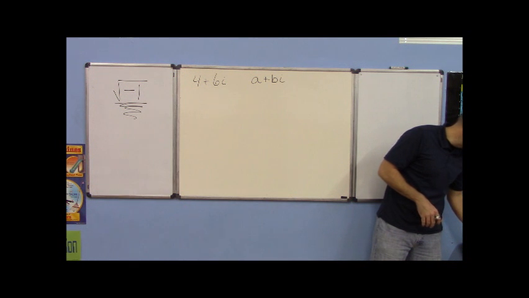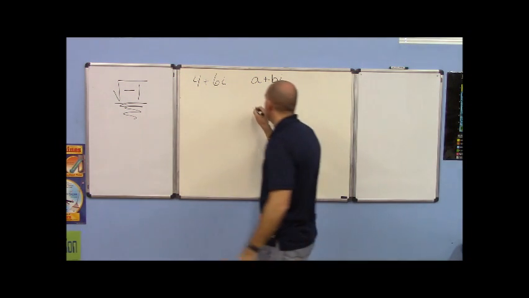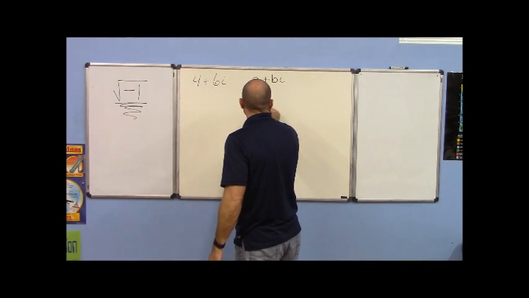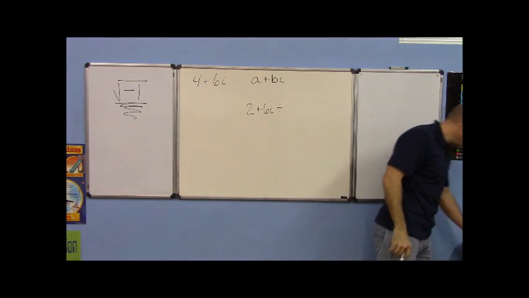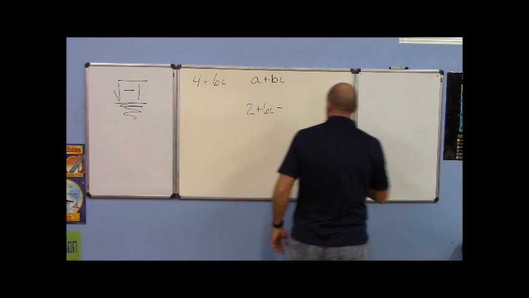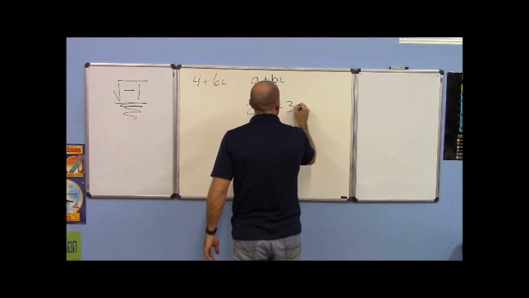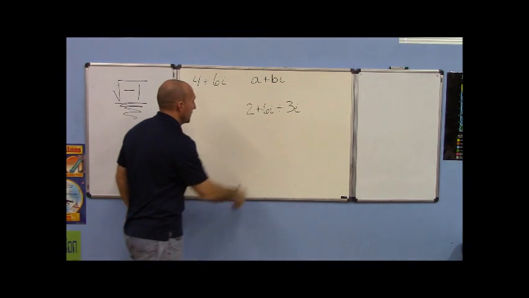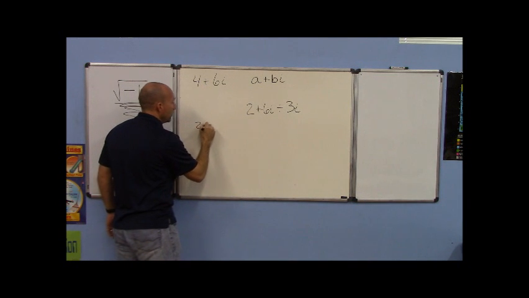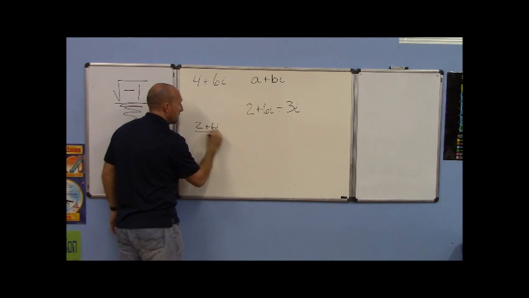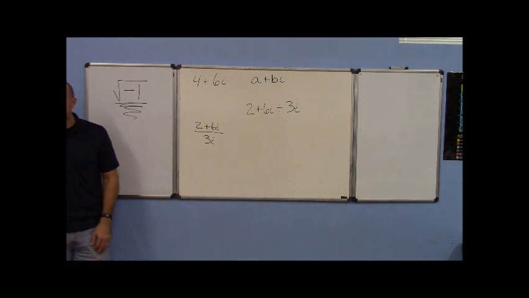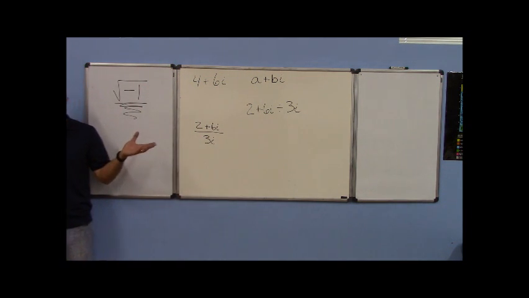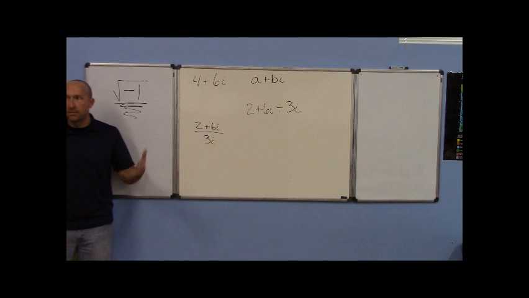So our first one is 2 plus 6i divided by 3i. Now we're going to rename it as 2 plus 6i over 3i. Because remember, in division, there are several different ways that you can express division.